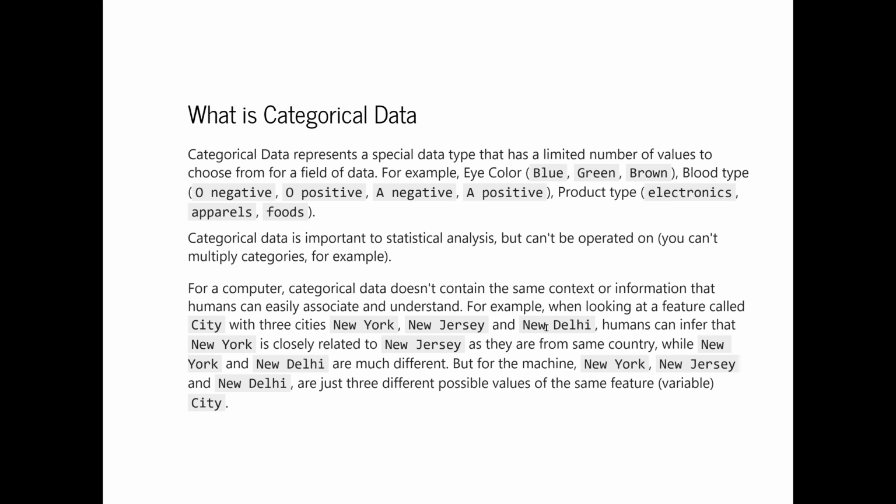New Delhi is on a different continent in a different country. But of course, without an awful lot of additional geographical data, that won't be apparent to your computer algorithm.